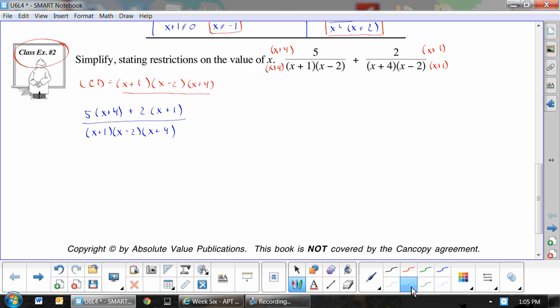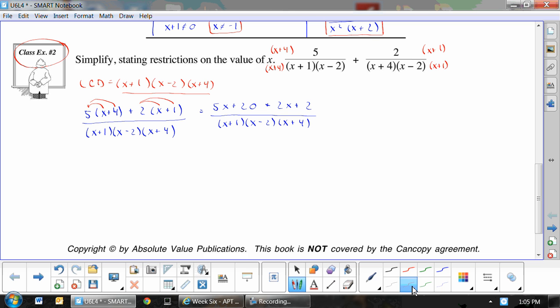Okay. So then this becomes something where we have to expand it and simplify. We go 5 times x, 5 times 4, 2 times x, 2 times 1. So you get 5x plus 20 plus 2x plus 2, all over that common denominator.